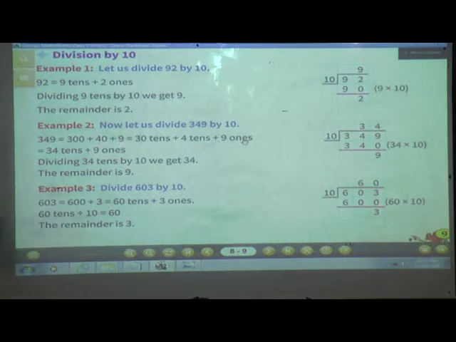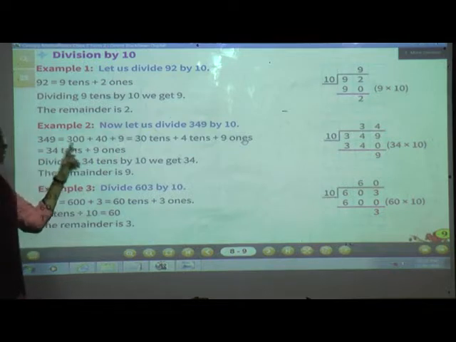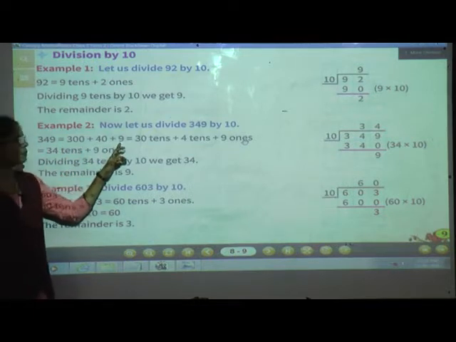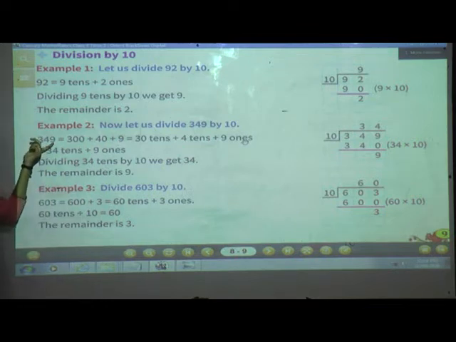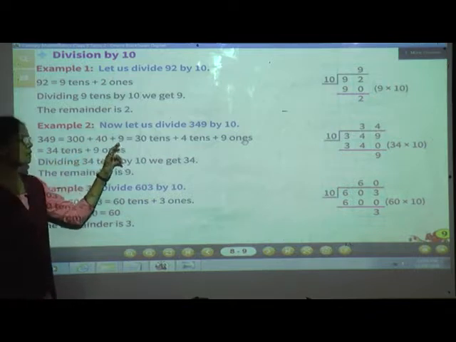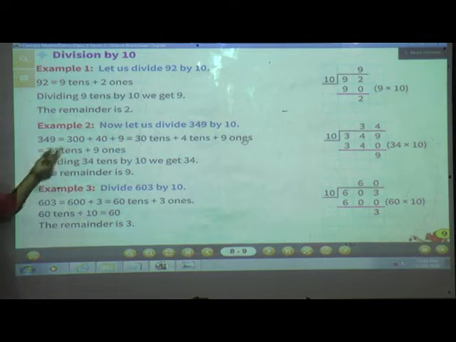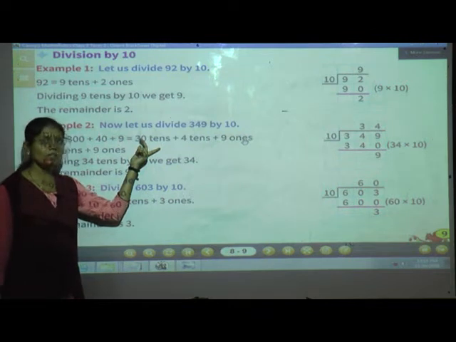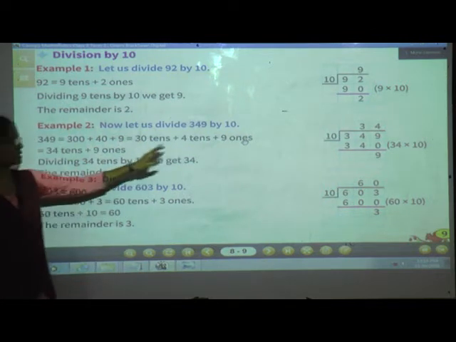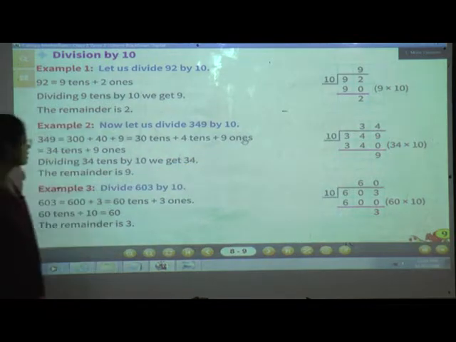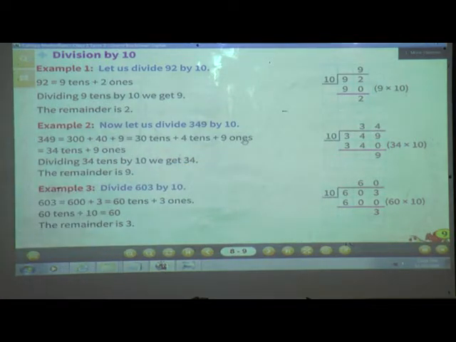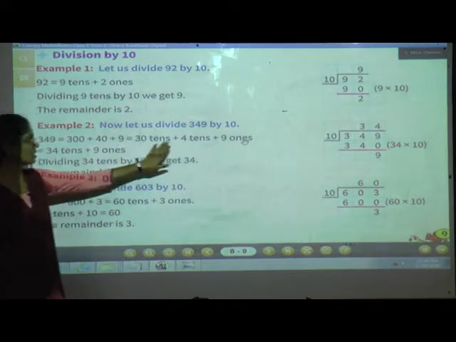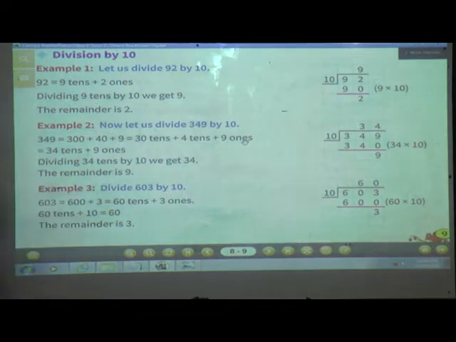Now see here, 349 is equal to what? 300 plus 40 plus 9, which means we have to write this number in the expanded form. 300 means 30 tens, and 40 means 4 tens, plus 9 ones. Now 30 tens plus 4 tens we have to add, so 34 tens plus 9 ones.